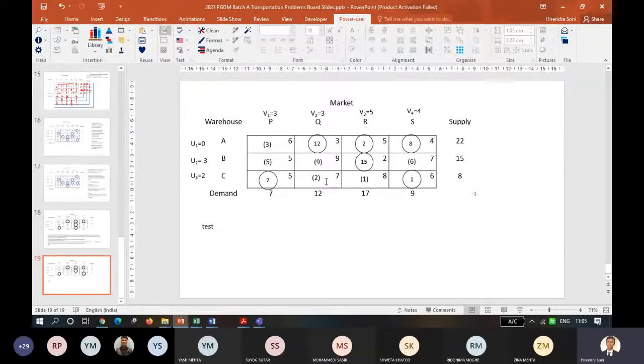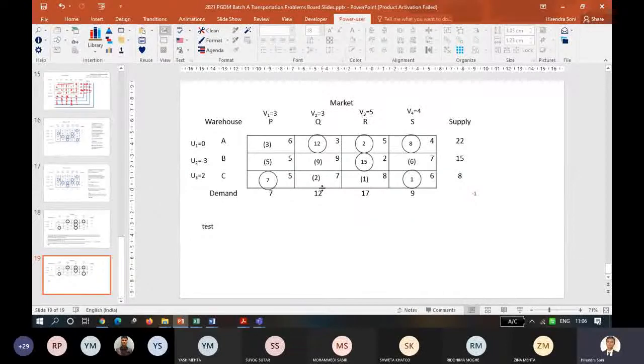So if he is ready to reduce the cost by 2 rupees, so that means यहाँ पर अगर मेरा allocation होता without any discount, it would have increased my cost. But now since he is ready to give me a discount of 2 rupees, it will not increase the cost. It will be equivalent.